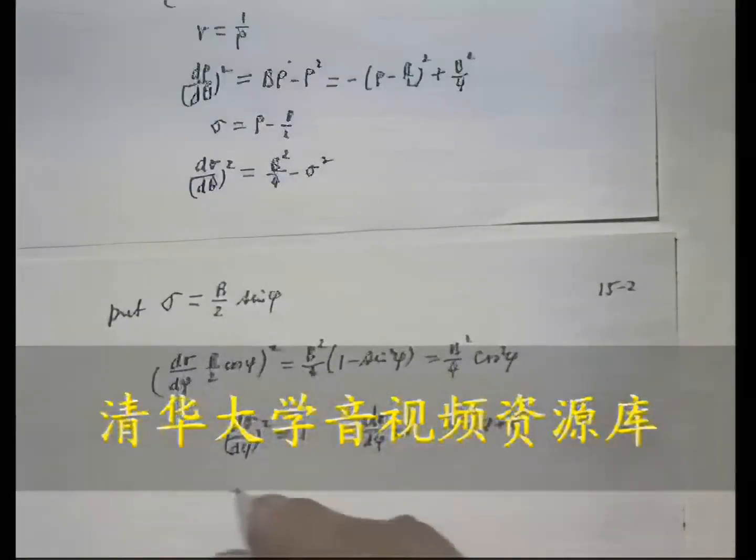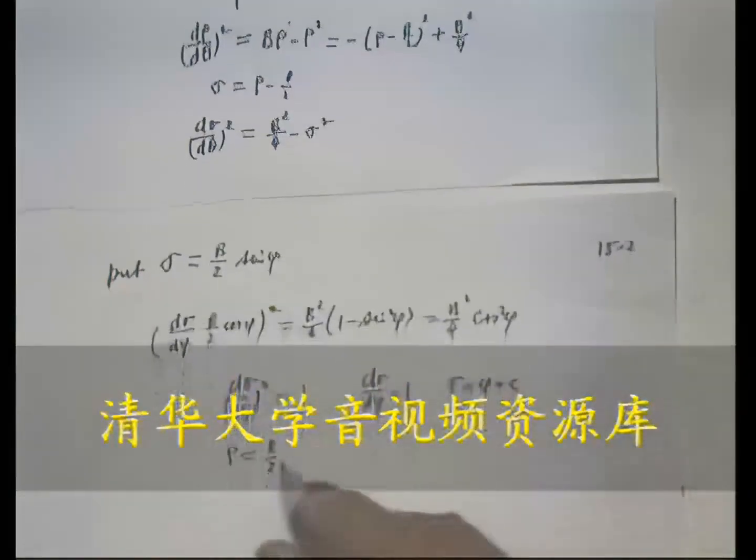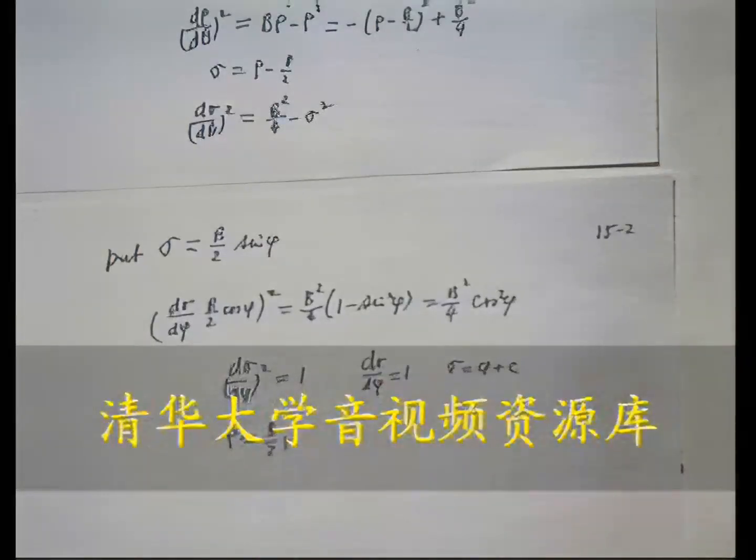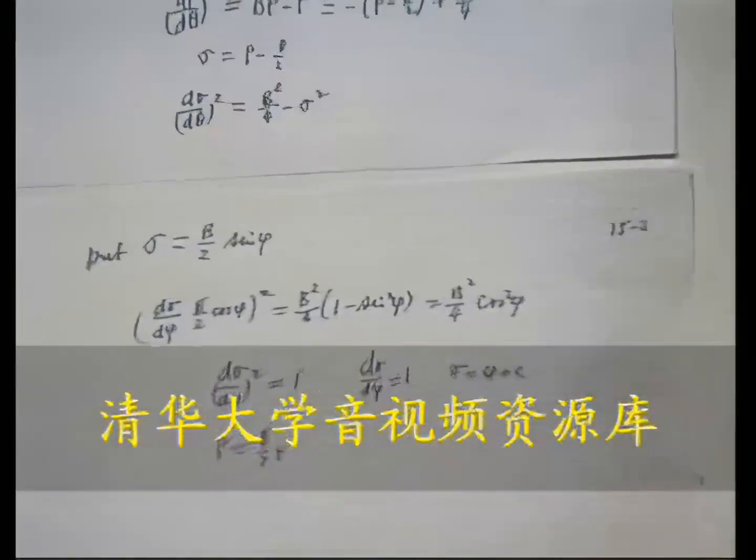So rho is equal to b over 2 plus sigma. Something's wrong. Just a minute. This is wrong.